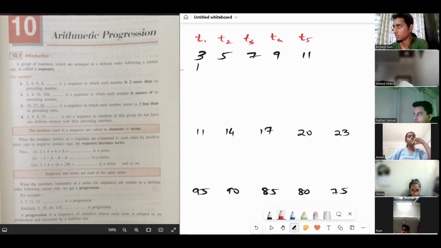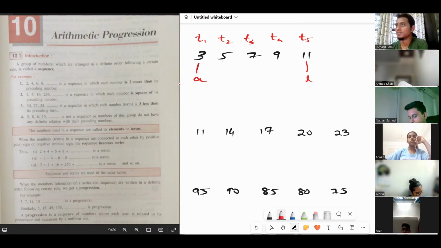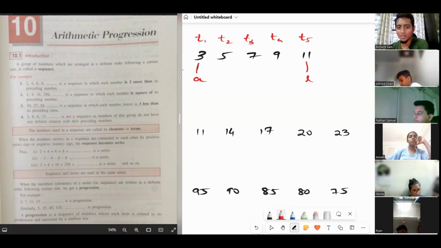Now, T1, the first term is specifically called A. The last term is called L. And the difference between two of them is represented by the alphabet D. So A, D, L. These are the letters we'll be using from now onwards.